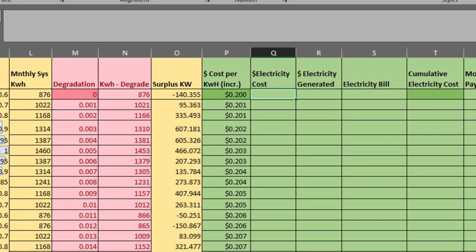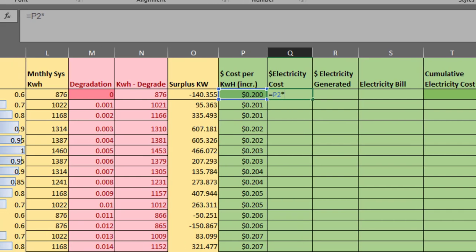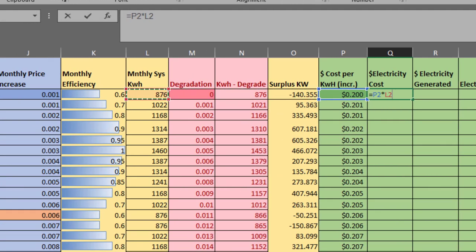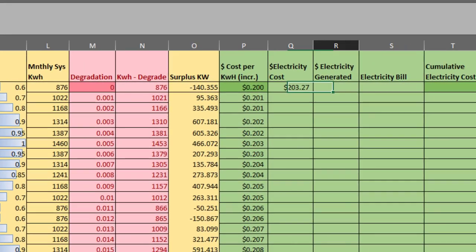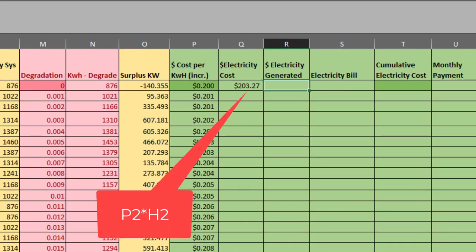So over the life of the solar panels, their costs will change. Here are two columns that are almost not necessary, but we'll put them down so we can get an idea. The electricity cost to us is 20 cents times our monthly demand, so $203.20 in our first month.